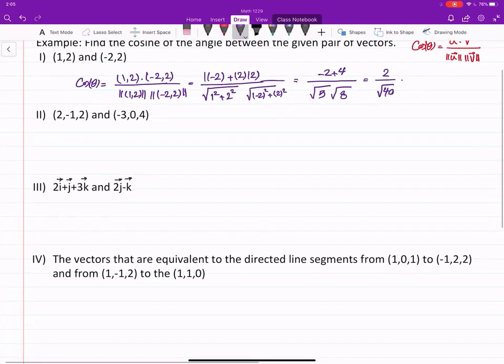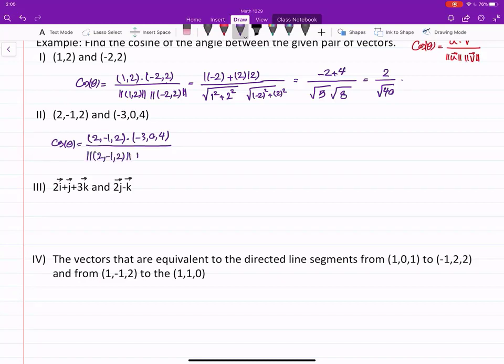How about this pair, these two vectors? Well, we have to find the dot product of the vectors first, then divide by their lengths. So let me first write the formula for that and then apply the formulas for each one.